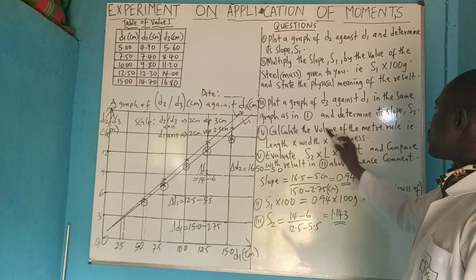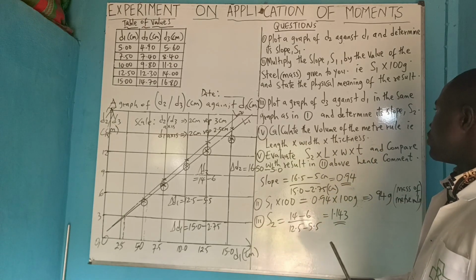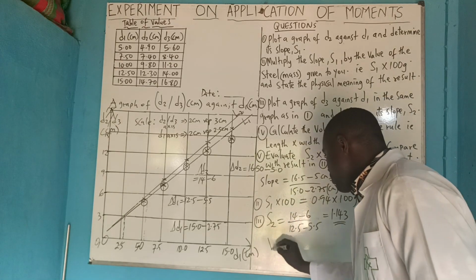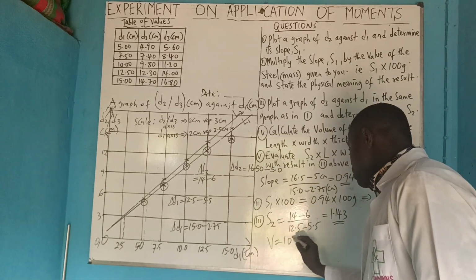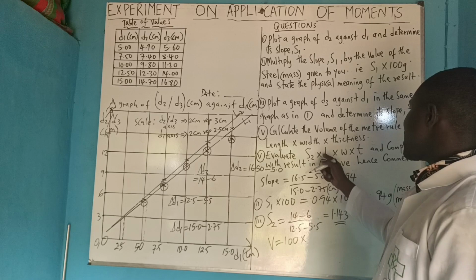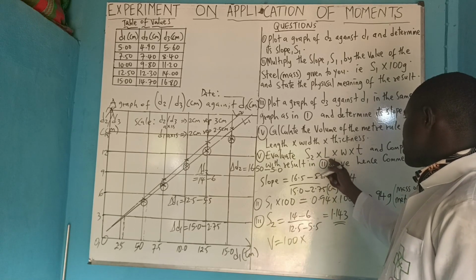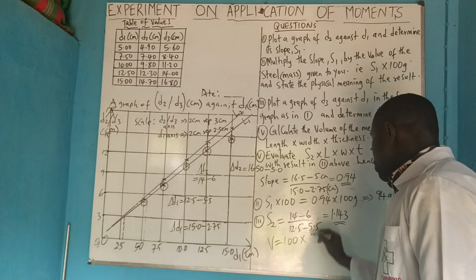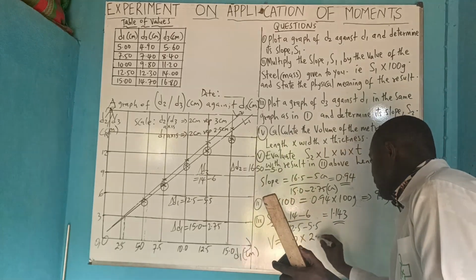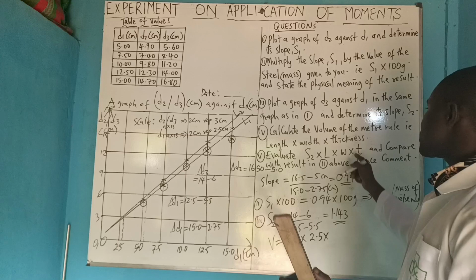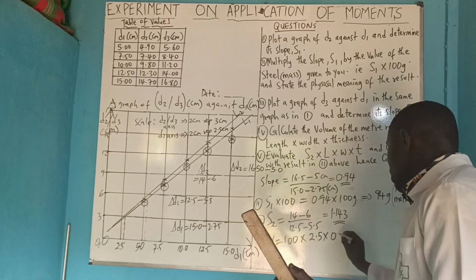Now, they say calculate the volume. How do you get the volume? Volume, our length is length of the meter rule, 100 times our L, our W is the width. The width of our meter rule is 2.5 times our thickness 0.5.